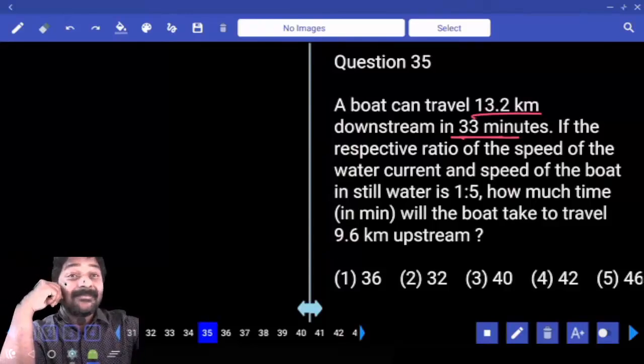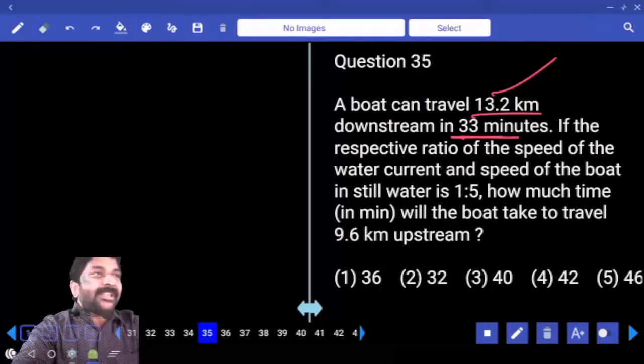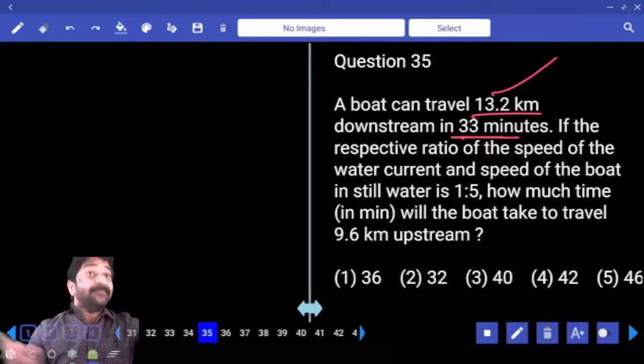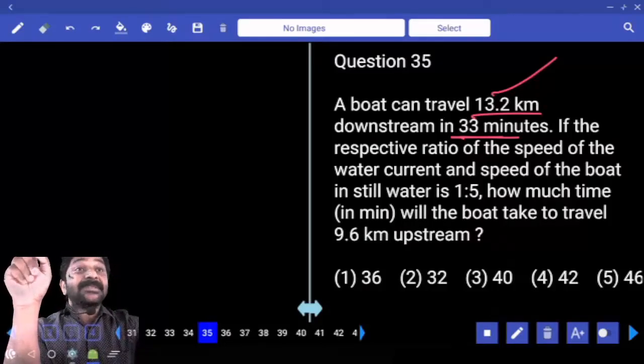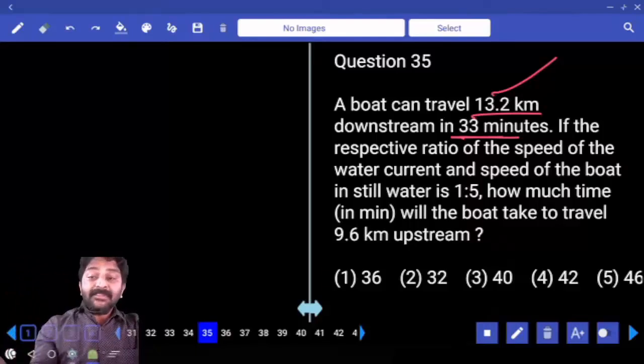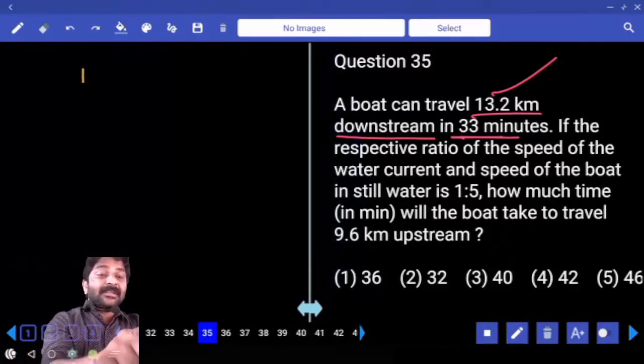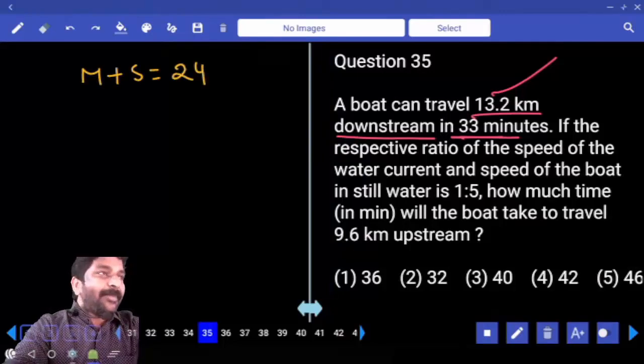Again double. Instead of 132, we have 13.2. 60 minutes, we have to calculate it for 60 minutes. 60 double, 120 double, 240. Now you keep the decimal. It becomes 20. In which stream is this? M plus S is equal to 24 kilometer per hour.